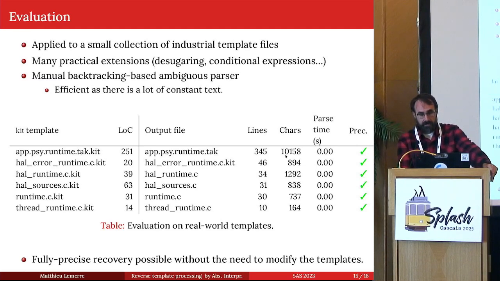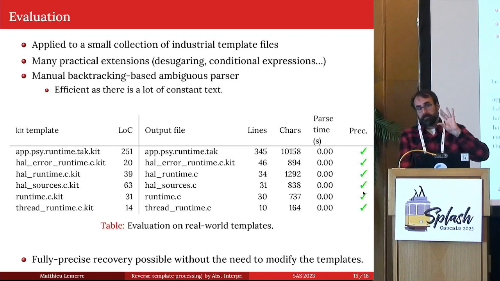And we can see that for files that are not completely trivial, we cannot even measure the time needed to perform the analysis. And in all the cases that were given to us, we were able to analyze them fully precisely, meaning that in the end, we have the value of all the paths in the database that were mentioned in the template.